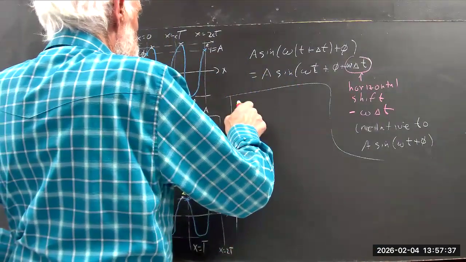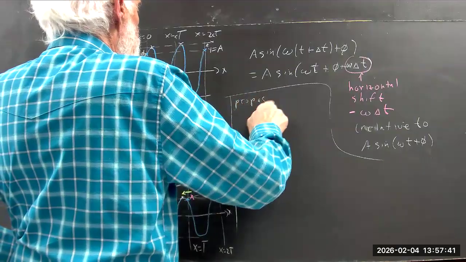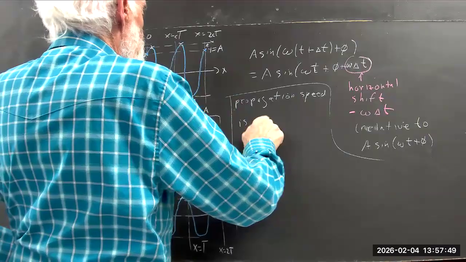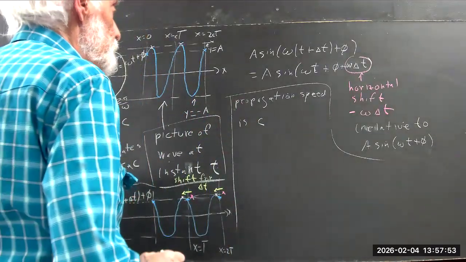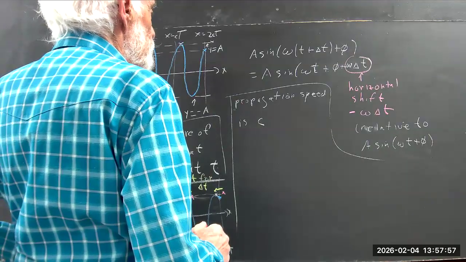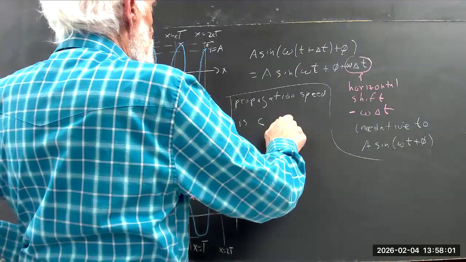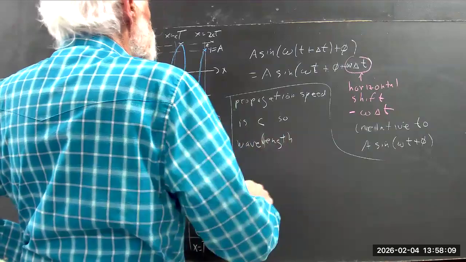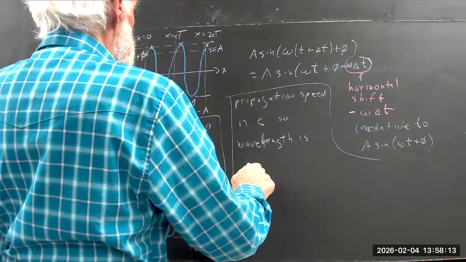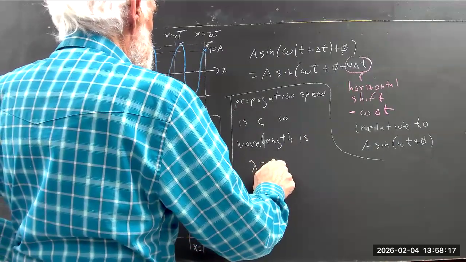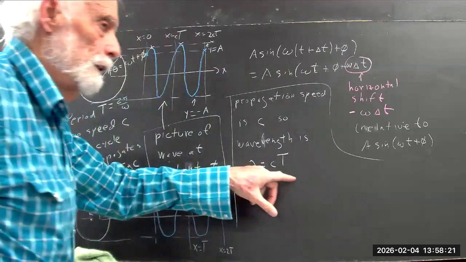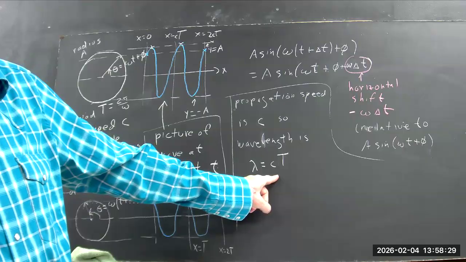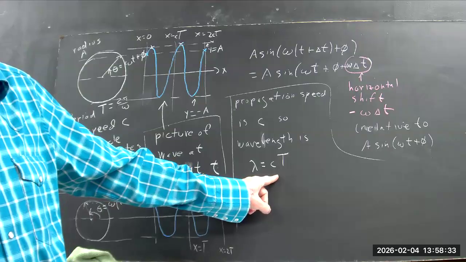Now, propagation speed is c. So the wavelength is lambda equals c times capital T. Remember that c will universally stand for propagation velocity, although in the introductory problem sets, I might have still been using v.